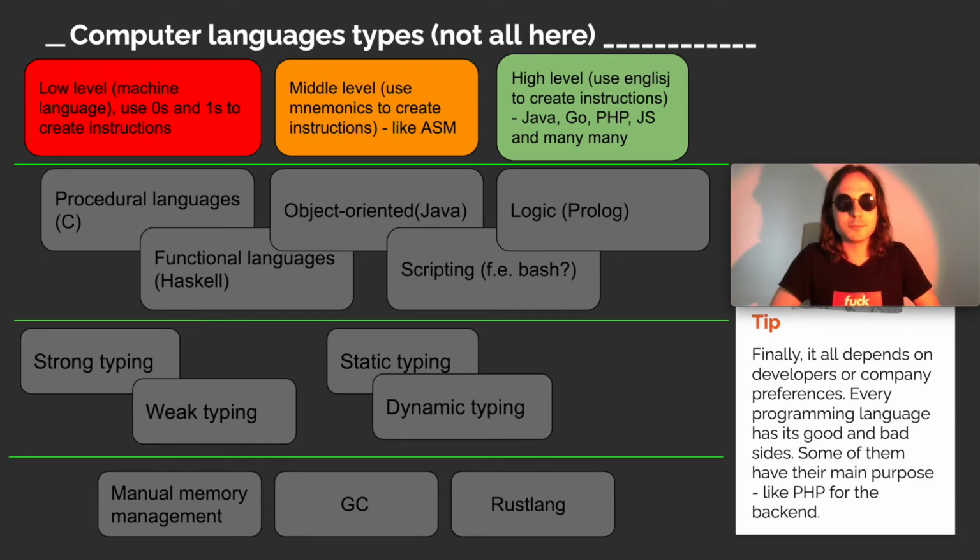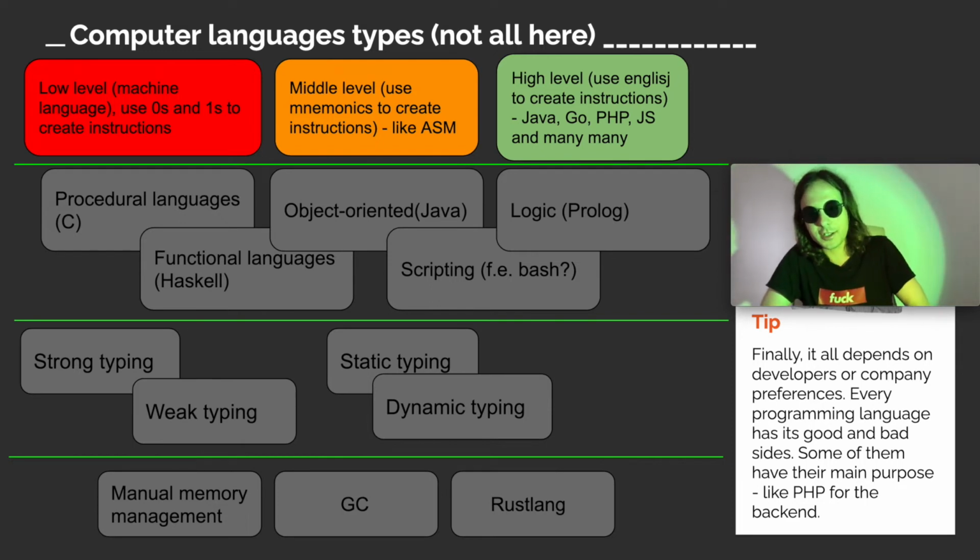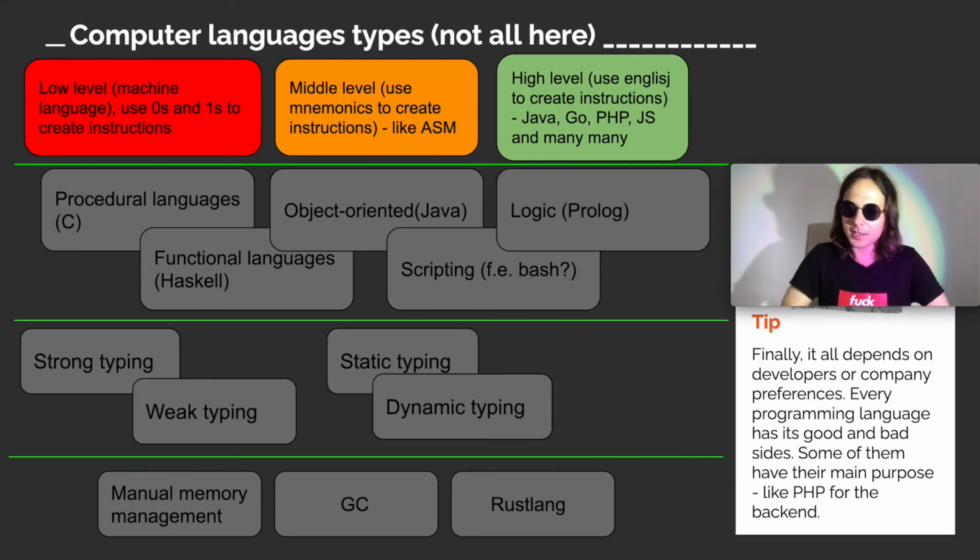We can use clean functions, etc. So if Java, for example, is an object-oriented language, then Haskell, for example, is a functional language where we have immutable data, where the function is our all, and even variables are more or less functions that always return a constant. Or, for example, scripting programming languages like bash.